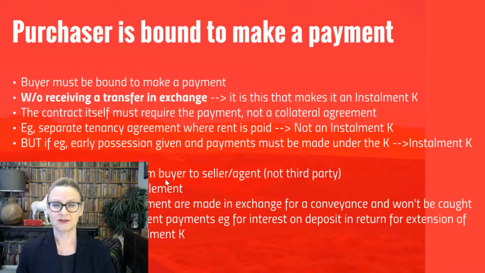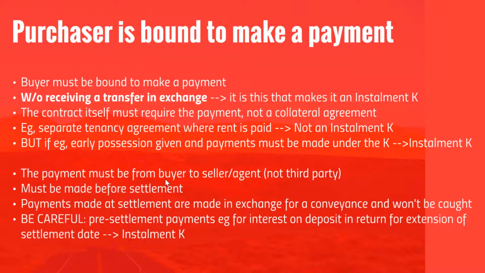So it's this fact that you're paying money without immediately expecting to get a conveyance in your favour that makes this type of contract an instalment contract, and therefore qualifies it for some of the extra protections around buyer's rights, and some of the extra restrictions on the seller's ability to deal with the land that attach to instalment contracts.